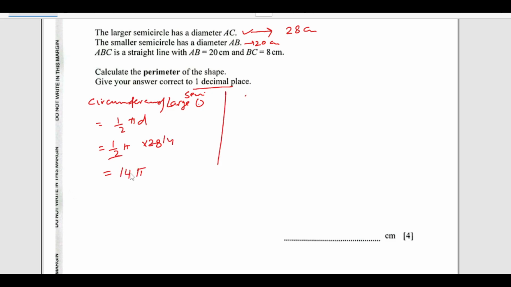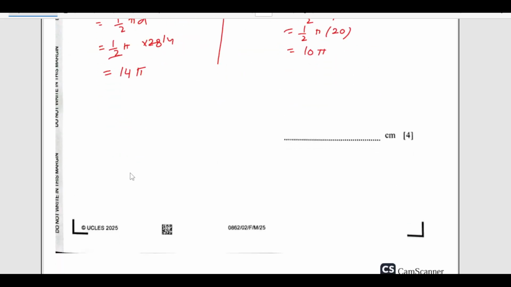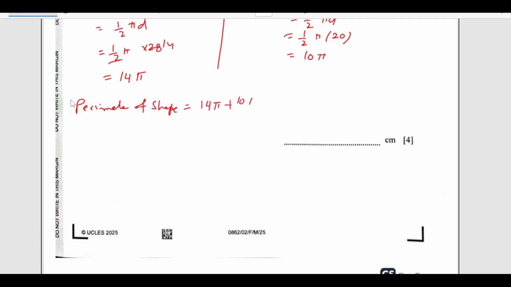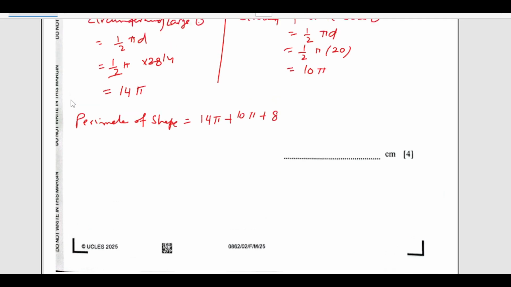So same, circumference of small semicircle is half pi d, again half pi, and diameter for this is 20, which is 10 pi, right? So the perimeter of the shape is going to be 14 pi plus 10 pi plus 8, right?